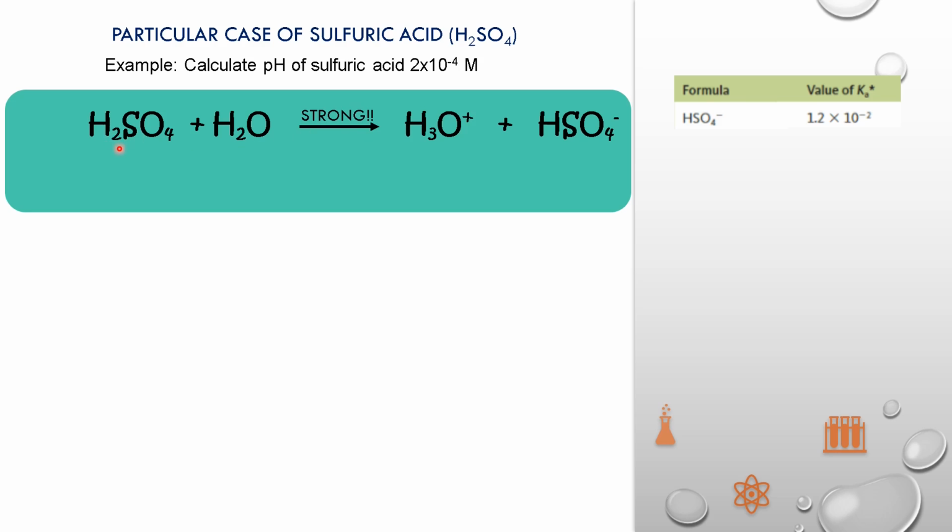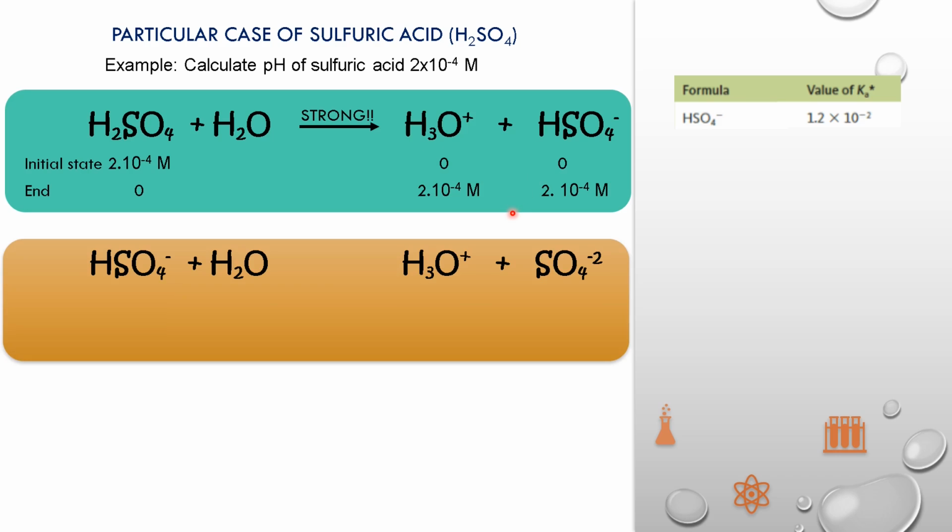The first proton of the sulfuric acid behaves like a strong acid. So the initial concentration of sulfuric acid will disappear completely at the end, and you will have the original concentration of the acid as the final concentration of the hydroniums in this first dissociation.